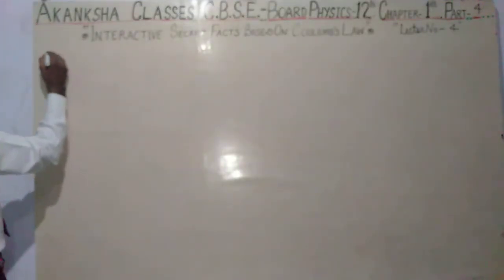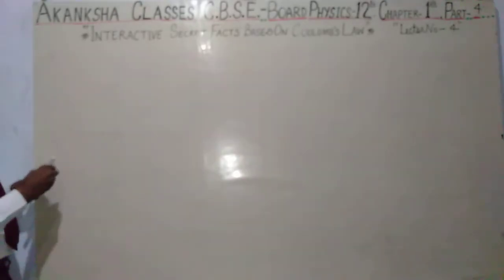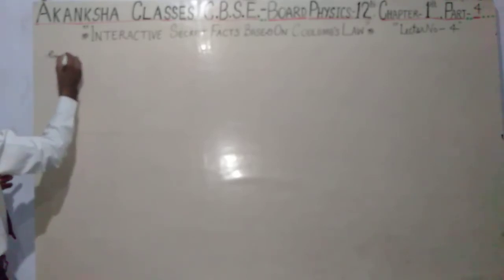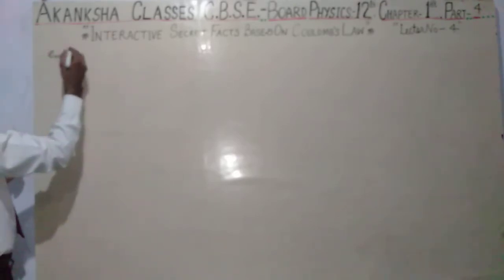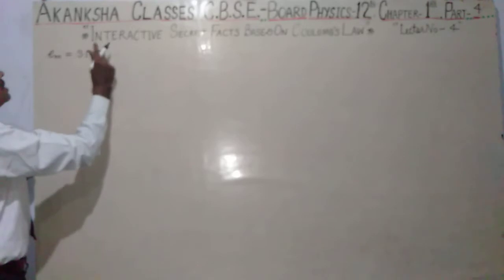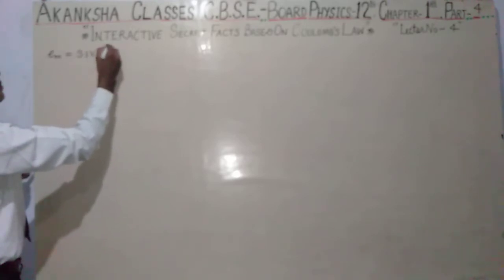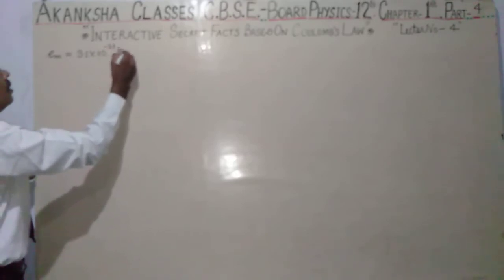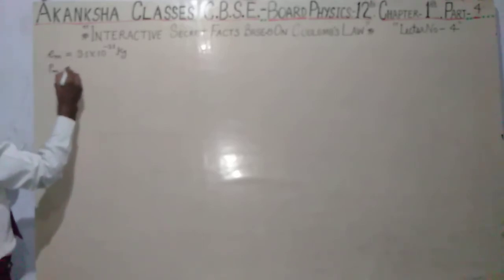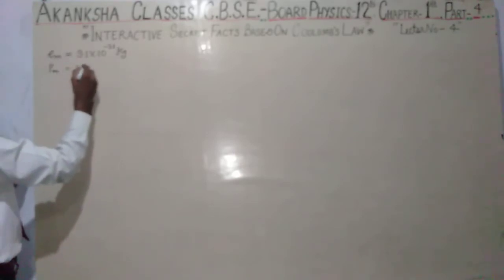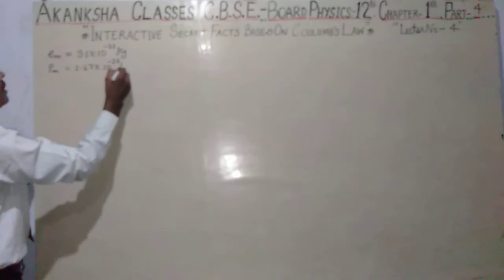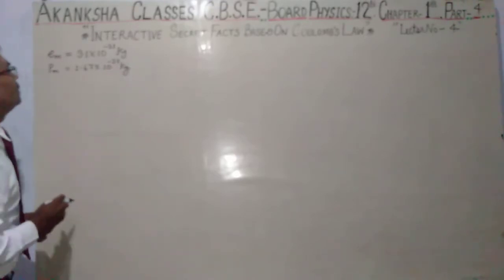As we know, m represents the mass of an electron, that is 9.1 multiplied by 10 power minus 31 kilogram, while the mass of a proton is equal to 1.67 into 10 power minus 27 kilogram.